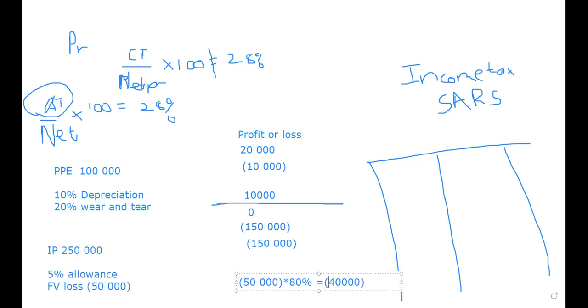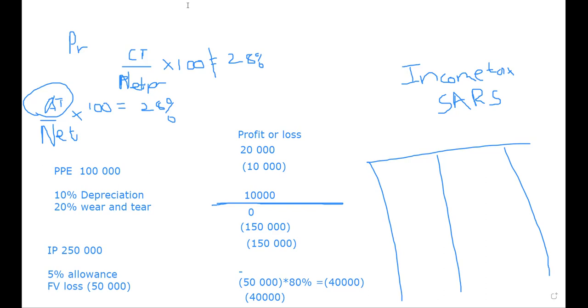That's the temporary difference. Then we say that 0 minus the 40,000, and at the end we still get minus 40,000, right? This is a deduction. A deduction is positive for us. It's a deferred tax asset, right? So we're going to say deferred tax asset you debit, and then income tax you credit, right?